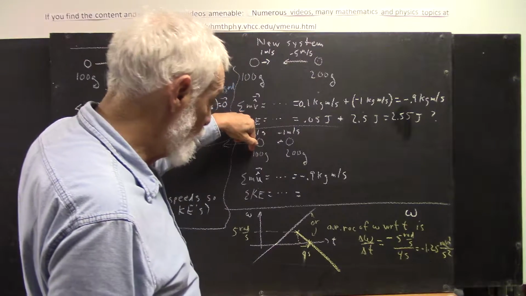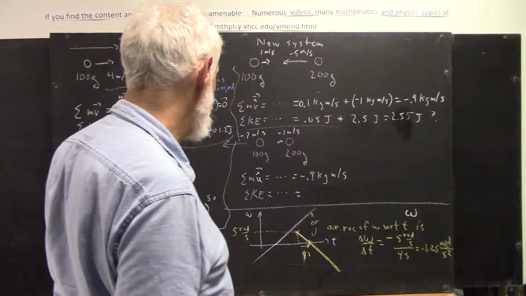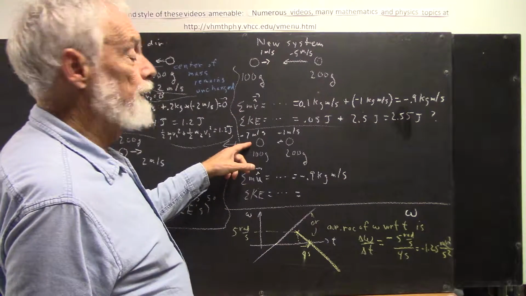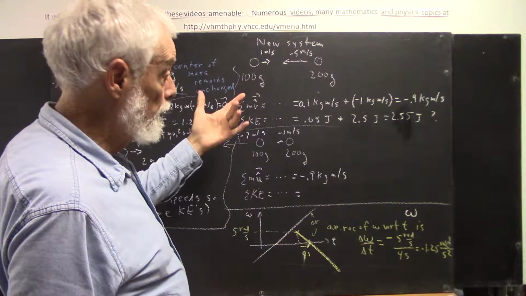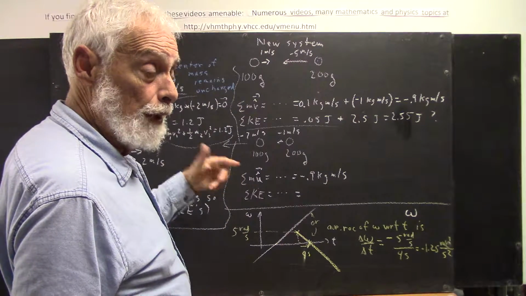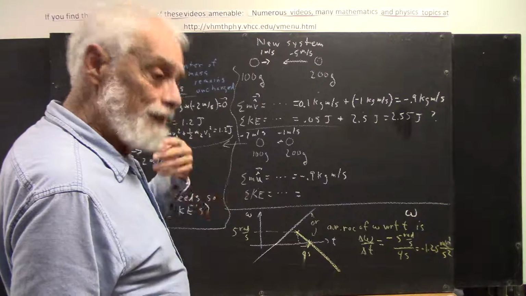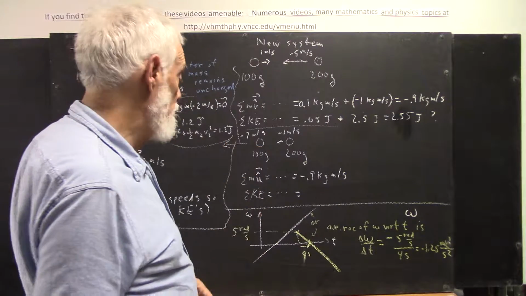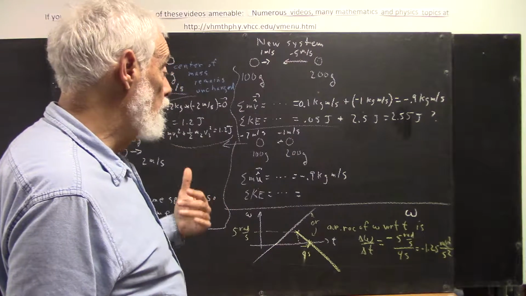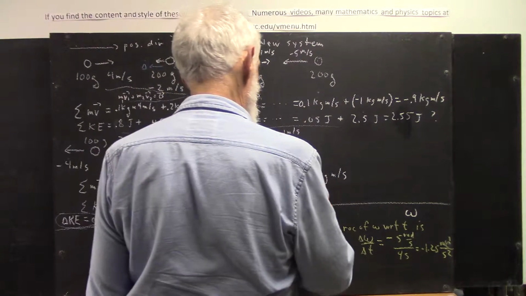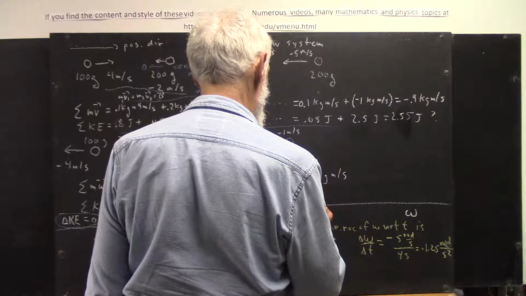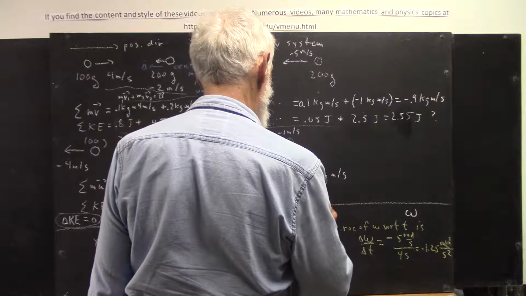Now calculating the kinetic energies: if we square 7 meters per second, we get 49 meters squared per second squared. Multiply that by 1/10 of a kilogram, we have 4.9, and half of that gives us 2.45 joules.